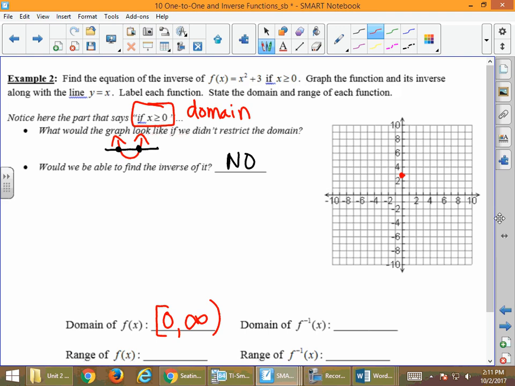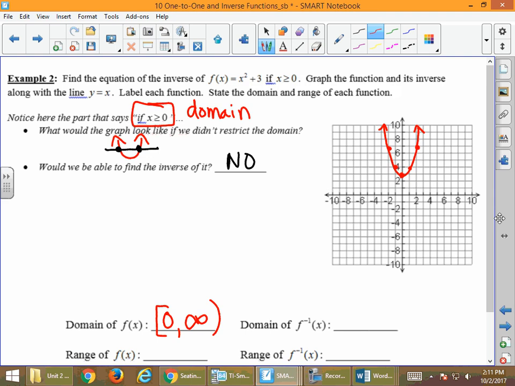So this graph, without restricting the domain, would have the points 0, 3, 1, 4, and 2, 7. Also negative 1, 4, and negative 2, 7. Again, don't write this down if you're writing in pen, because I'm going to erase.